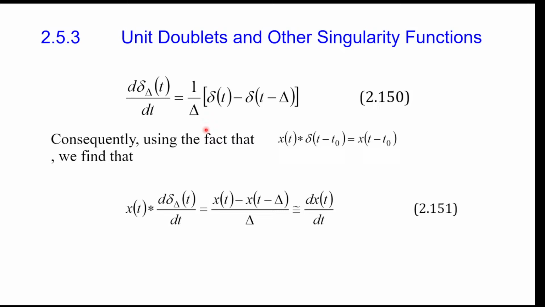So if you have x of t convolved with this thing, by the linearity of the convolution you have 1 over triangle from this thing. Then x of t convolved with delta of t gets back x of t, and x of t convolved with delta of t minus triangle gives us x of t minus triangle. So this is x of t minus x of t minus delta, over delta. This is dx/dt.